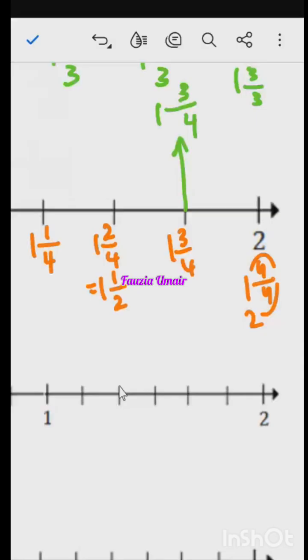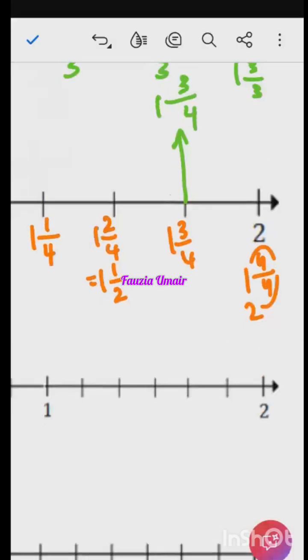Will it be this position? You are saying this position? Yes, ma'am. So is it 1 whole 4 by 6? This is 1 whole 2 by 6. This is 1 whole 4 by 6.